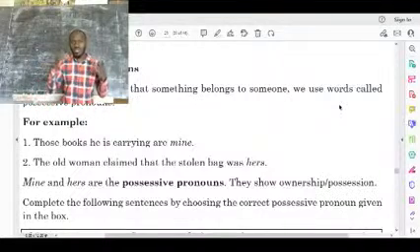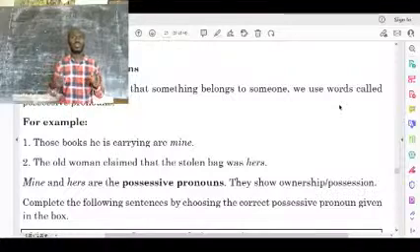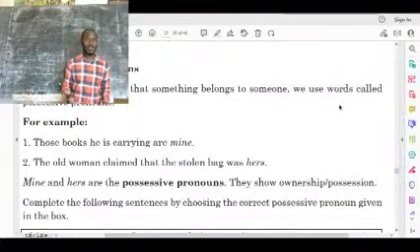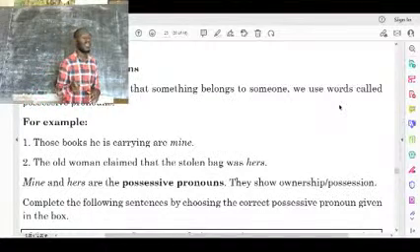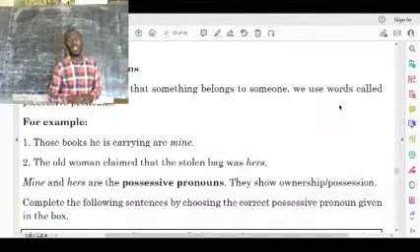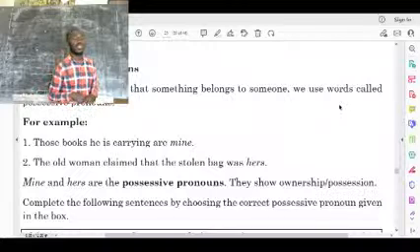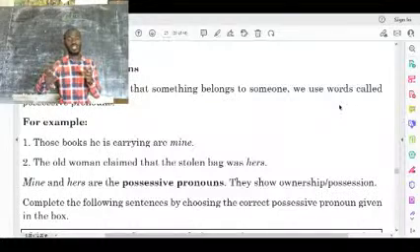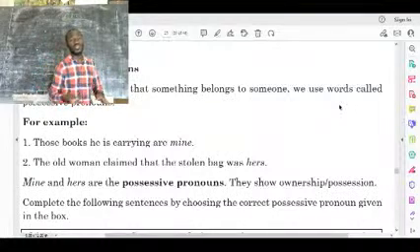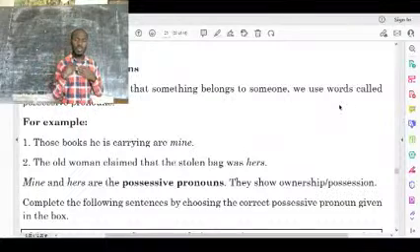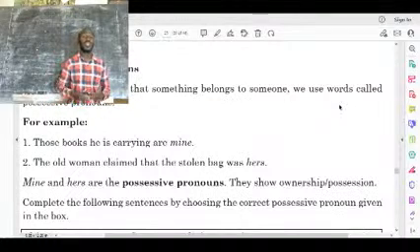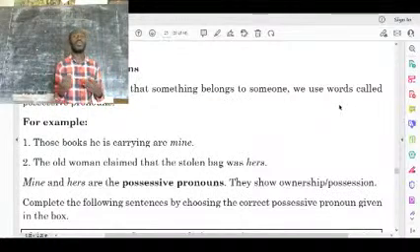Those words that we use to show ownership of something or somebody, just like someone can say, that woman is mine. So that mine shows ownership, that that woman belongs to you. That is one of the possessive pronouns we have. So a possessive pronoun is a pronoun we use to show the ownership of something.